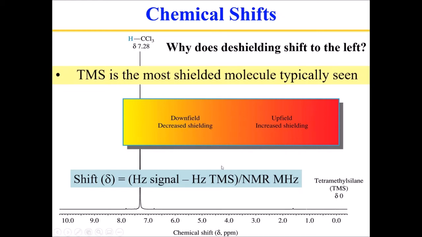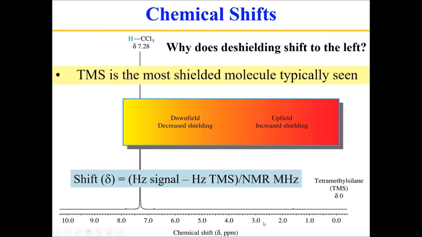So downfield is a higher shift value, and that is to the left. It's this side over here where they have decreased electron density and decreased shielding. Upfield is to the right. That's where you see more electron density and increased shielding. So why does de-shielding shift to the left?